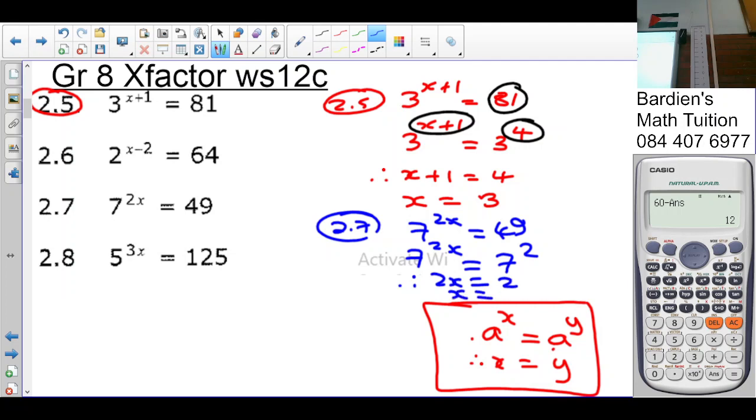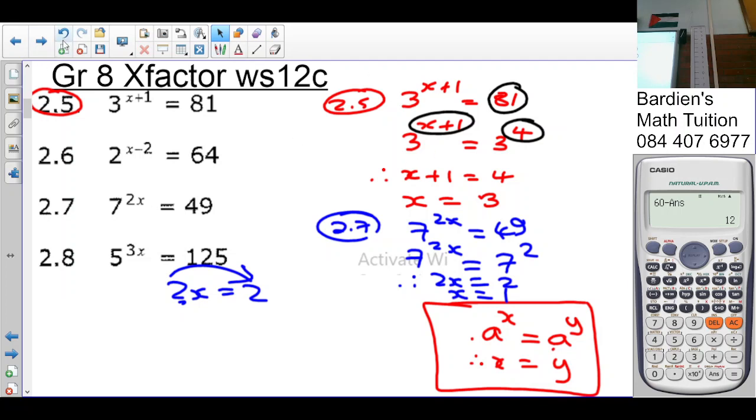So x is equal to? Listen, if 2x is equal to 2, you can't take 2 over. This is bonded by multiplication. We divide. Do you guys understand?